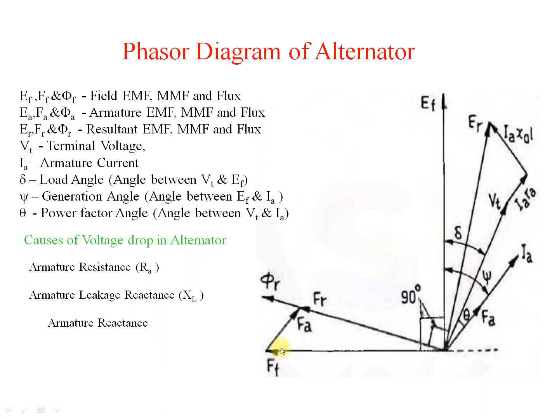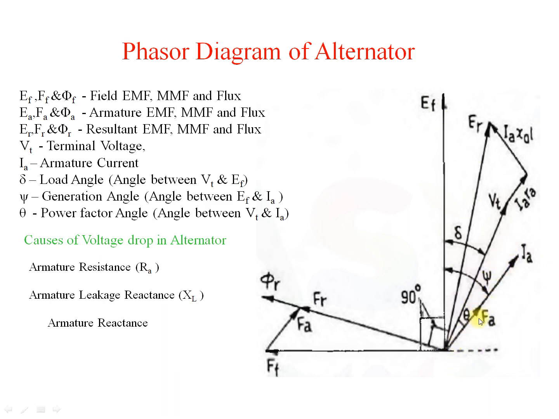The MMF will be in this particular direction, which is the base of this phasor diagram, and the EMF of that particular field flux will be 90 degrees leading the MMF. And IA, the current drawn by the armature, will be lagging somewhat from this EF, so we draw that IA over here.